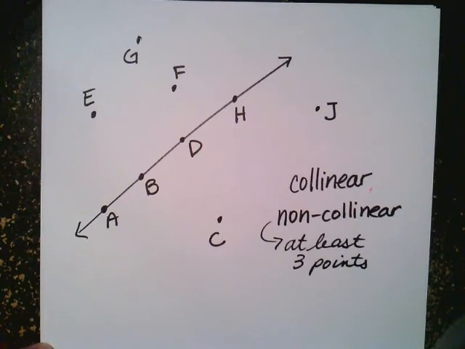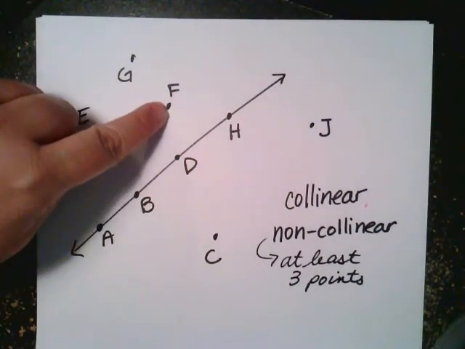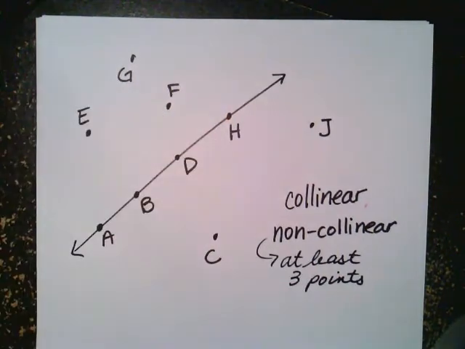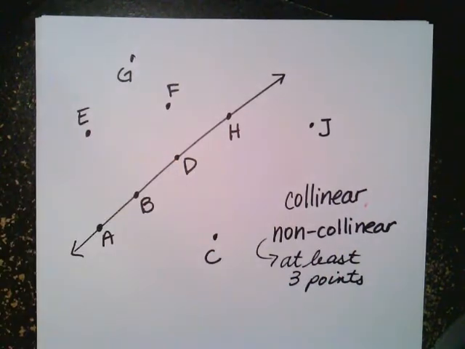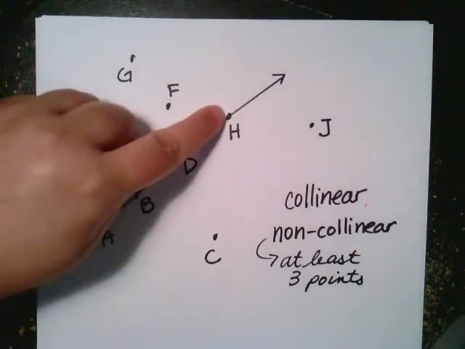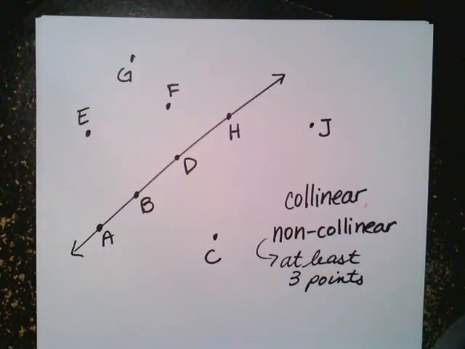So there's a line that goes through both of them. So I could say, for instance, points F, D, and H are non-collinear, or points E, F, and D are non-collinear. I can say that B, D, and H are collinear. All right, so collinear is on the same line, non-collinear is not on the same line.